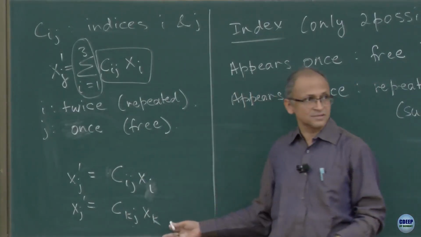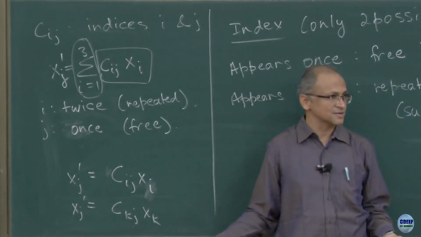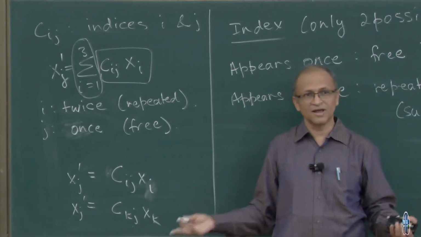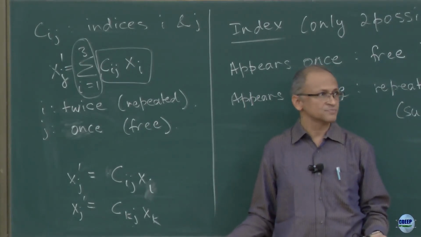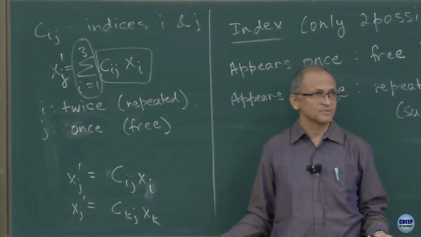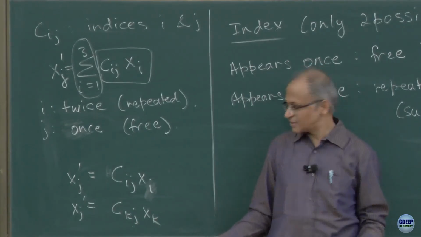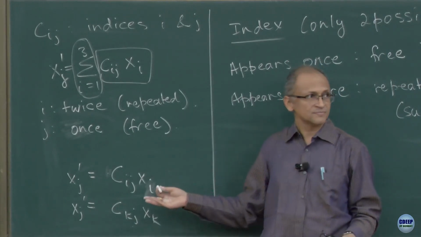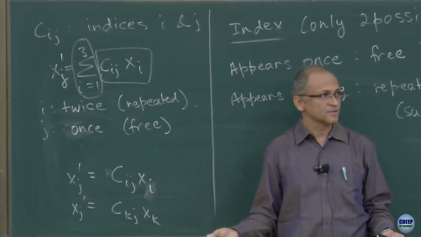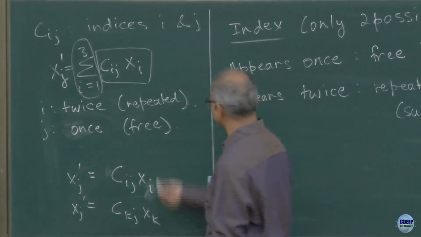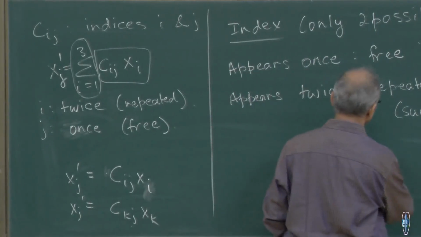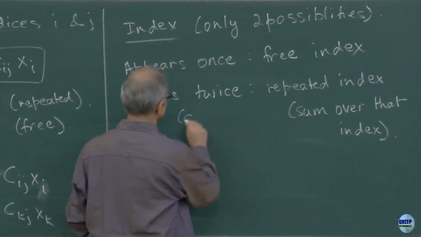Because if I look at this term, k is repeated, and all I have to do over the repeated index is to sum it up, and that sum will go from 1 to 3. What was I doing here? Exactly the same thing. So you can say that this repeated index is nothing but a dummy index. Appears twice, it's a dummy index.